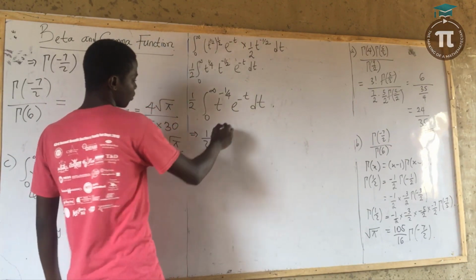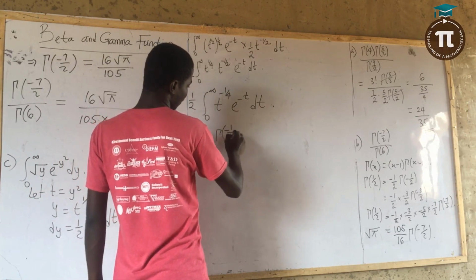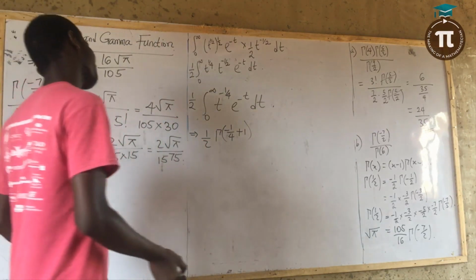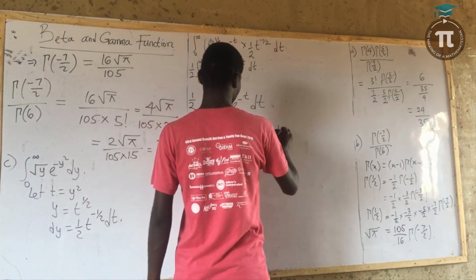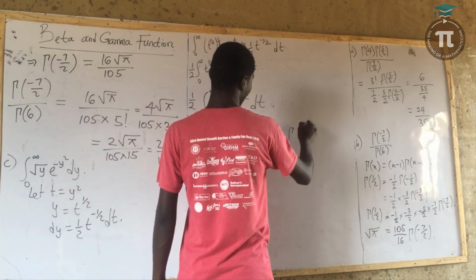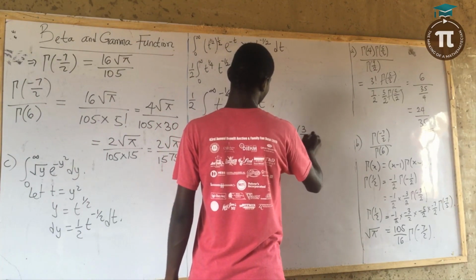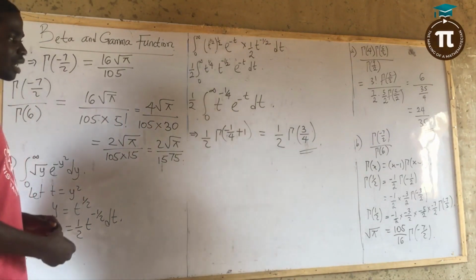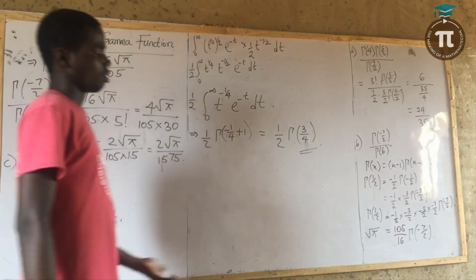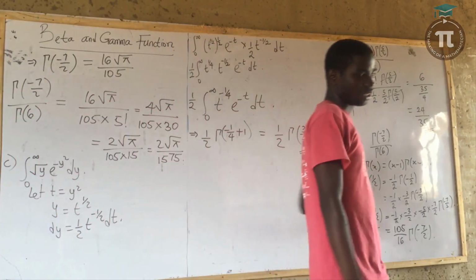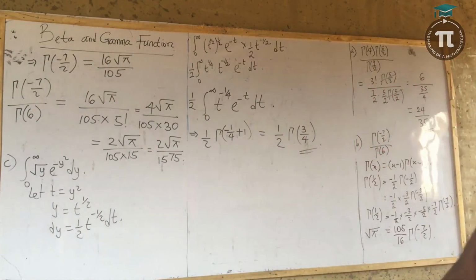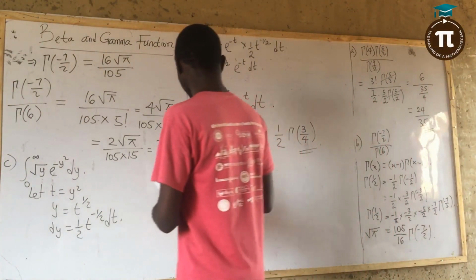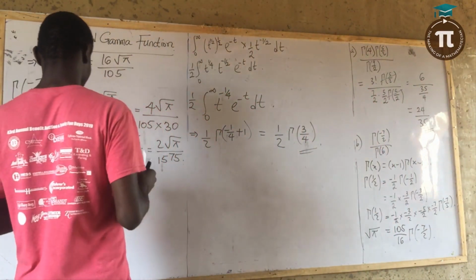This is exactly 1/2 gamma of minus 1/4 plus 1, which will be equal to 1/2 gamma of 3/4. I have not clearly defined what gamma of 3/4 will be or how it can be done, so we leave the answer like this. I want to move to the next thing.